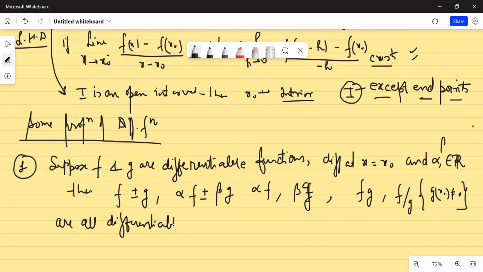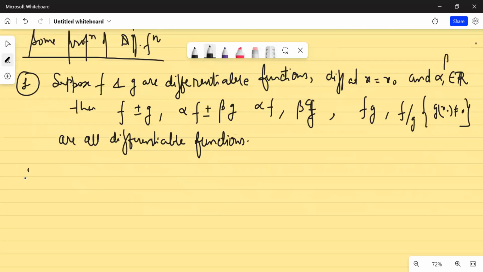Is that clear? This is the algebra of differentiable functions. Is that clear? Yes, sir.